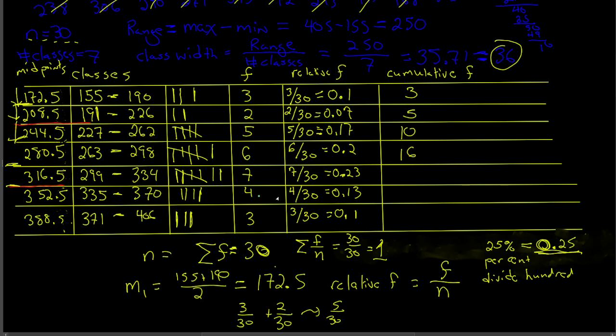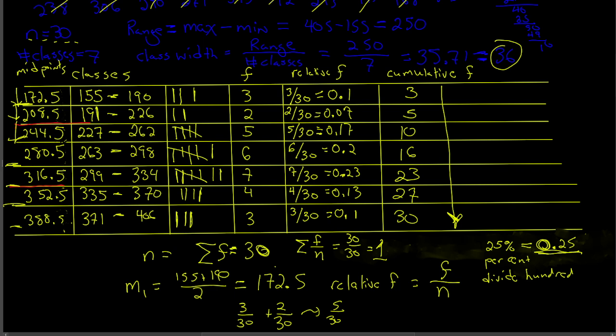If I come down to here, 16 plus 7 is 23. If I make it down to here, 23 plus 4 is 27. And if I make it down to here, that's 30. And so the cumulative frequency talks about how much data comes before the end of the bin that you're in.